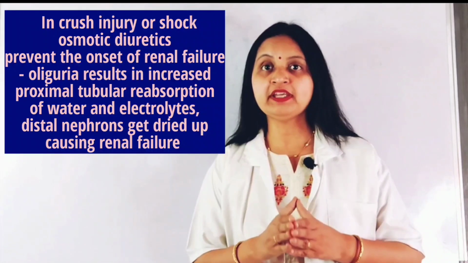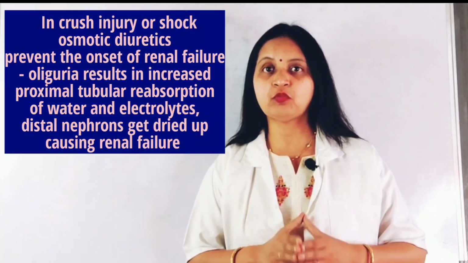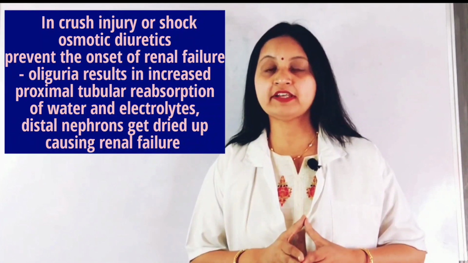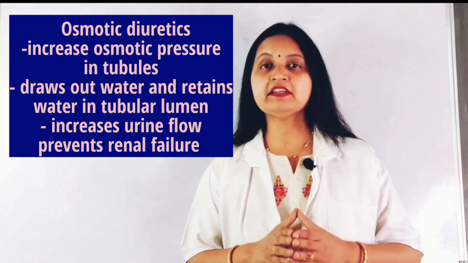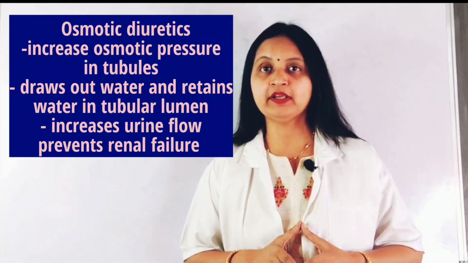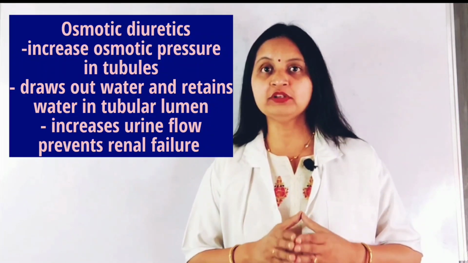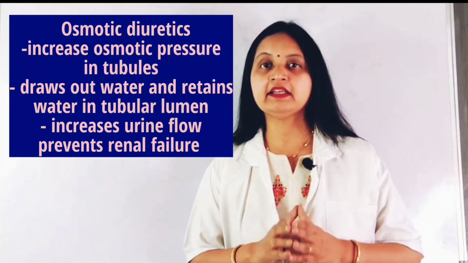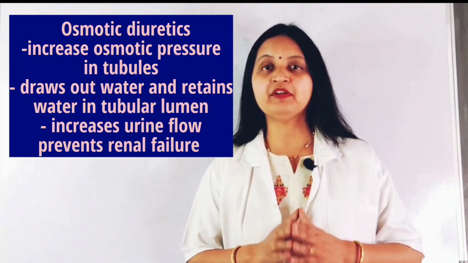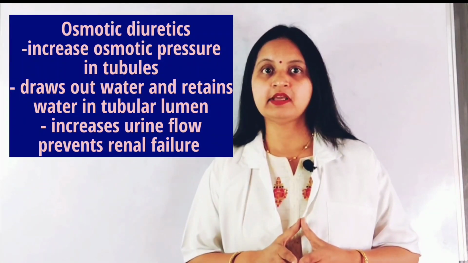The proximal tubule reabsorbs sodium chloride and water and the distal parts of the nephrons are dried up, and this leads to renal failure. Osmotic diuretics increase the osmotic pressure in the tubular lumen, draw out water through the tubules, help to retain water in the tubular lumen, and increase the voidable urine and prevent renal failure.